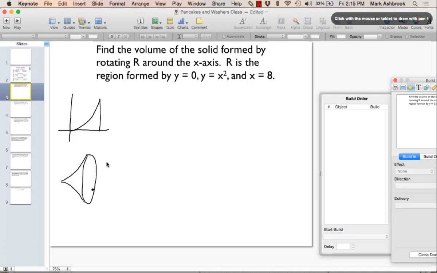Then we said, all right, take a typical strip and do the same rotation on that typical strip that we do on that region. And what does that give us? A pancake, right? Yes.